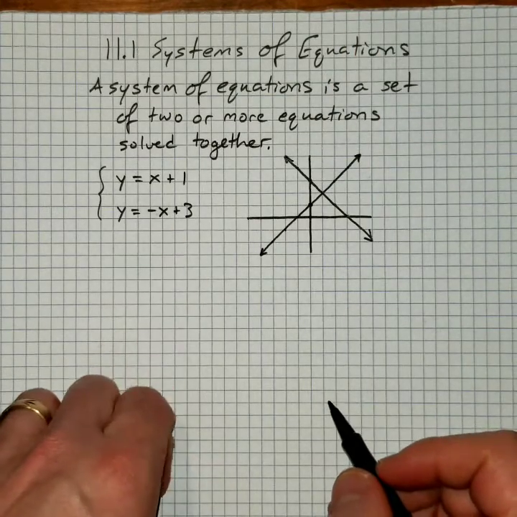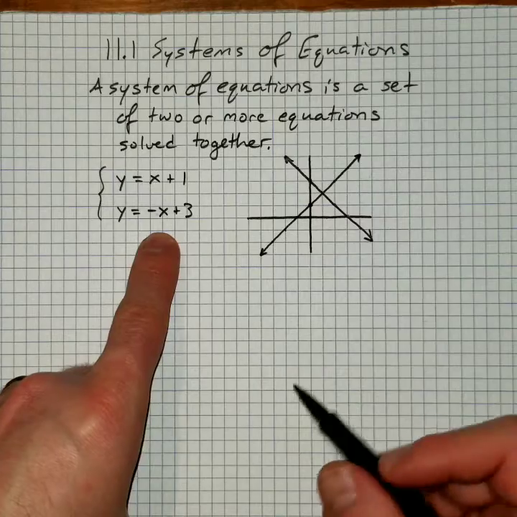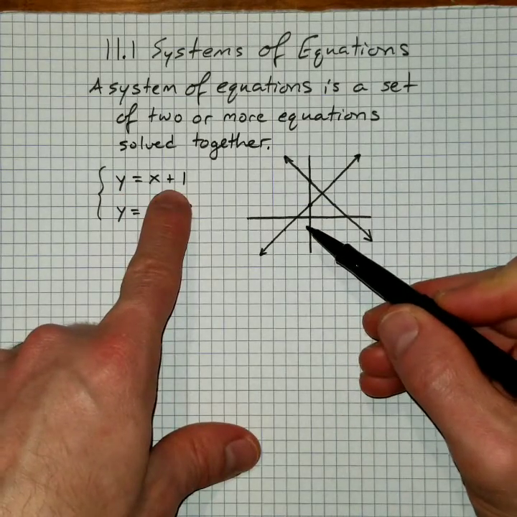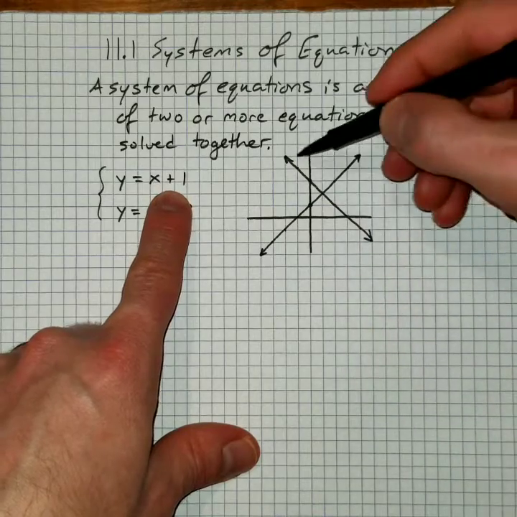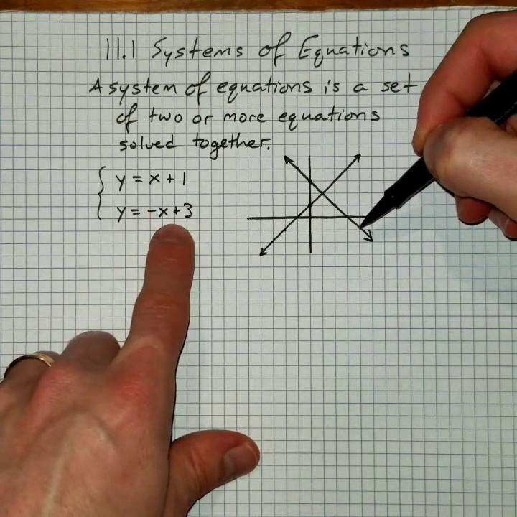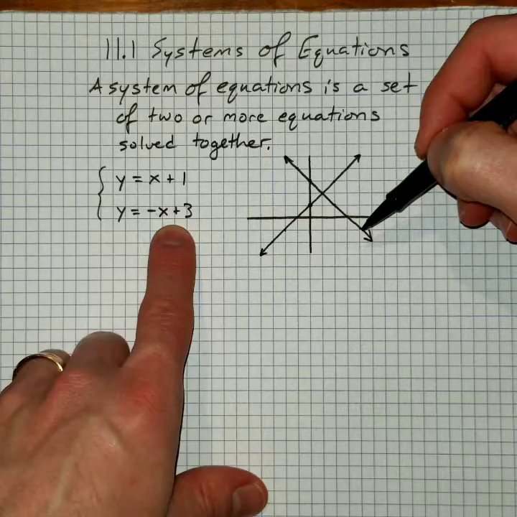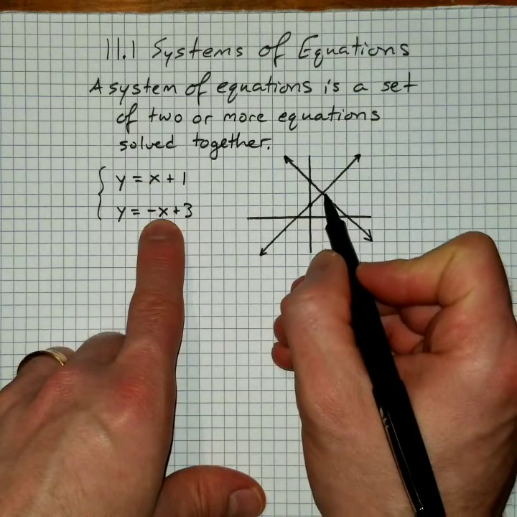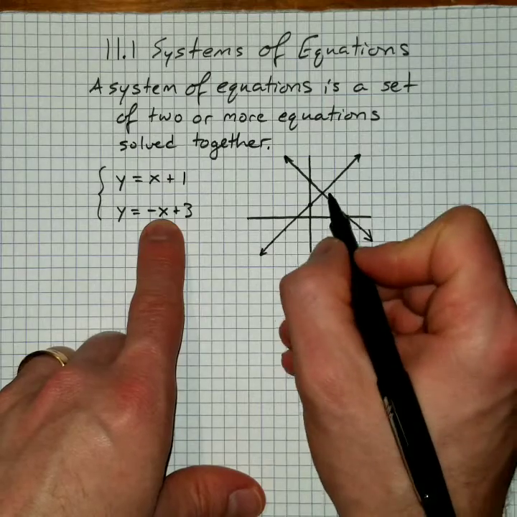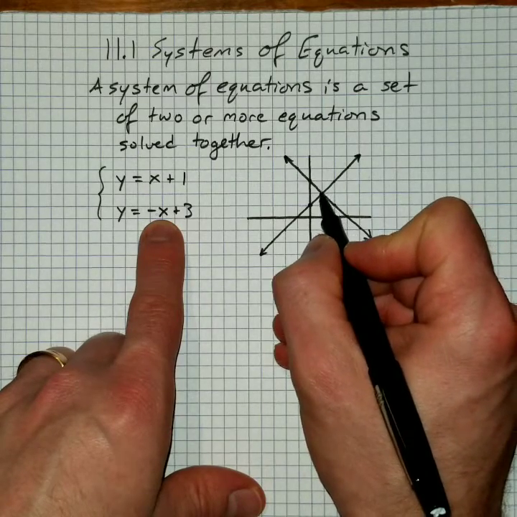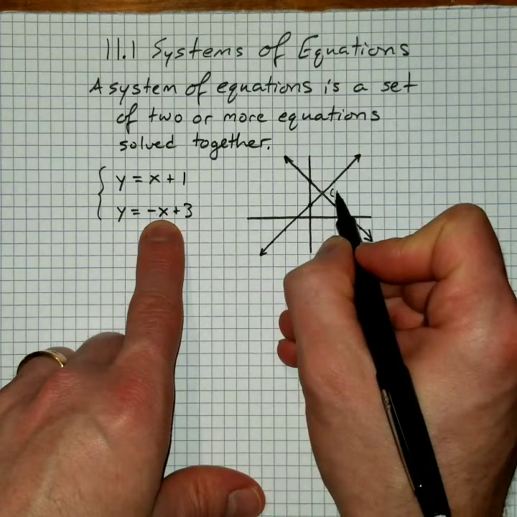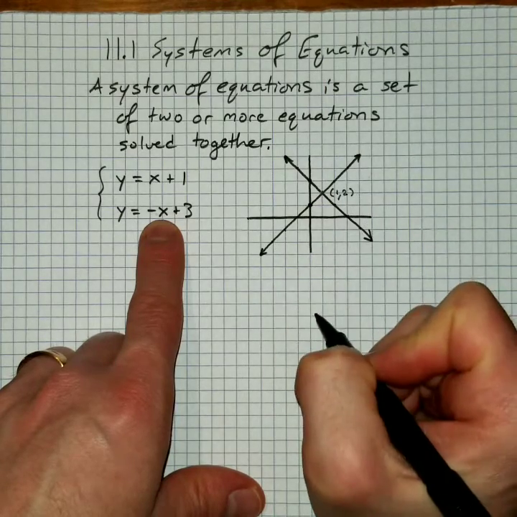And what you'll find is that every point on a line is a solution to that equation. Every point on this other line is a solution to this other equation. But the only point that is a solution to both is the point that is on both, and that is the intersection point. So this point right here is the intersection point, and it occurs at (1, 2).